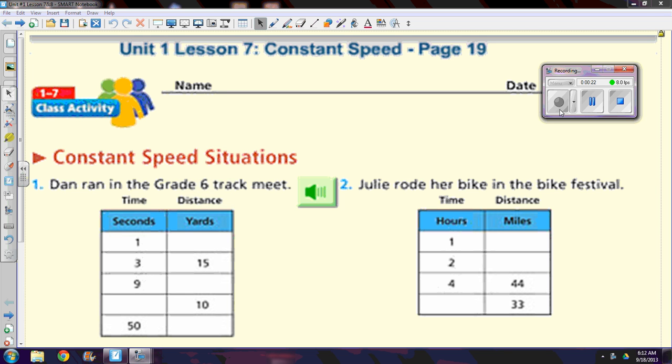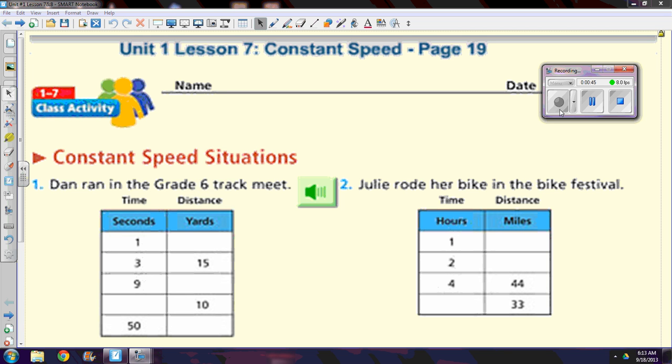All right, so on page 19, we are looking at problem number 1, constant speed situations. The problem reads, Dan ran in the sixth grade track meet, time and distance in seconds and yards. How far did he run in 1 second, if he ran 15 yards in 3 seconds?